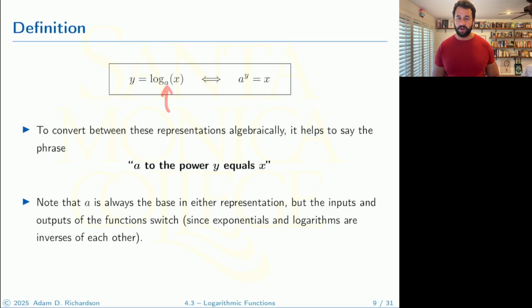So here this is log base a. In exponential form, the base is a. The only thing that's changing here is the inputs and the outputs are switching, specifically because these are inverses of each other. So a to the y equals x. Over here, the input is x. Over here, the output is x. Over here, the output is y. Over here, the input is y. They're switching back and forth.